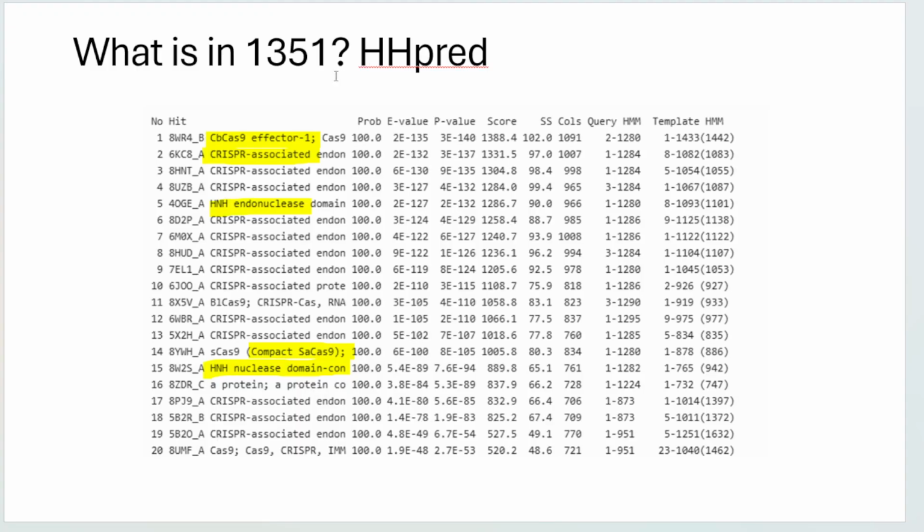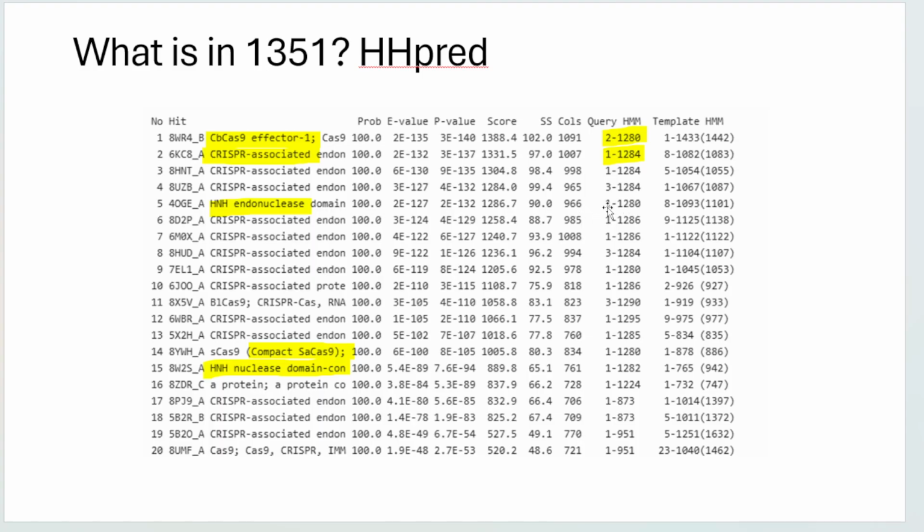What's in 1351? So we can see here it's got a Cas effector. Yep, between 2 and 1280. Definitely another Cas at 1 to 1284. This time pertaining to a protein database match of 6KC8. That's fine. H&H is huge. What?